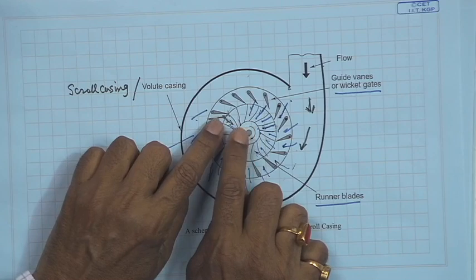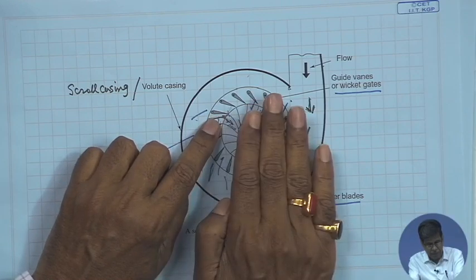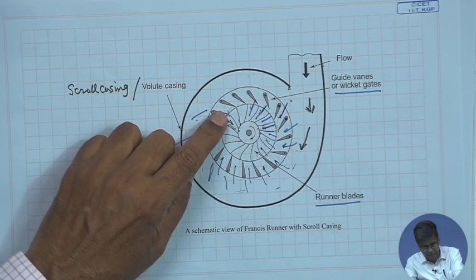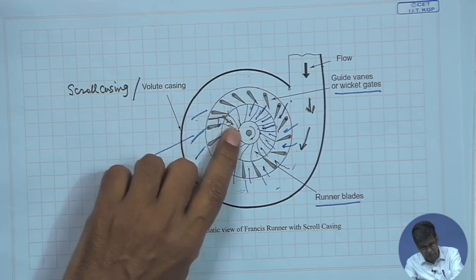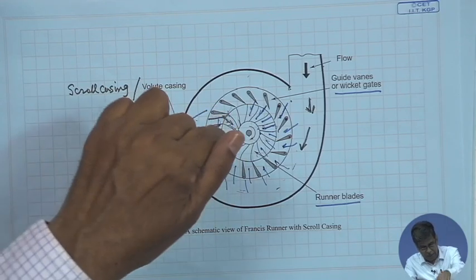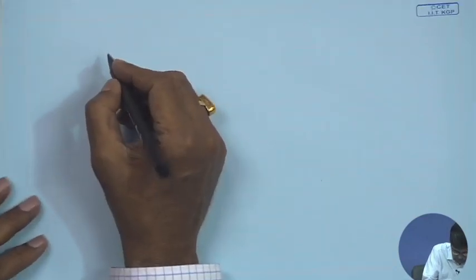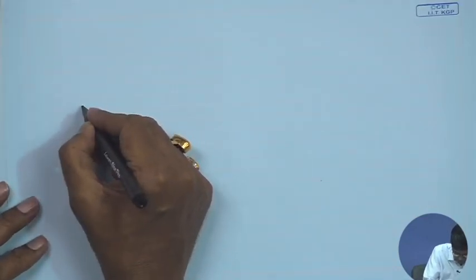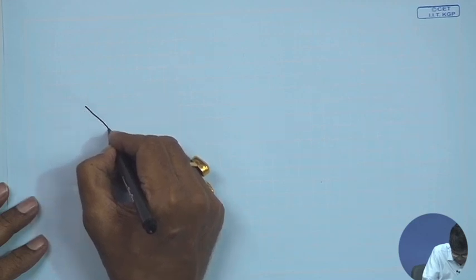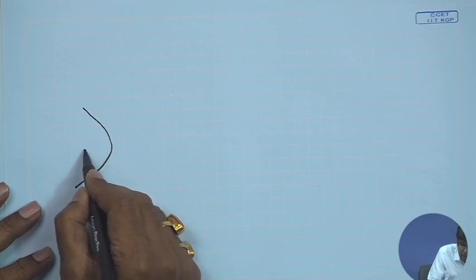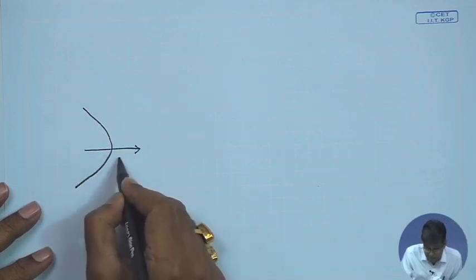However, if we take a cross sectional view from the top, the flow enters at a higher radial location and comes out at a lower radial location, and if we take the sectional view from the top, a blade looks like this. This is the typical blade shape, and this direction is the tangential direction.